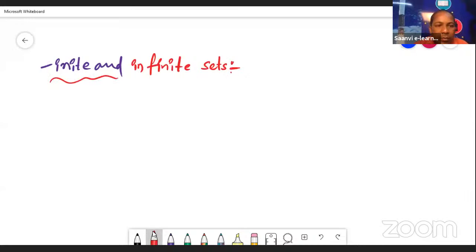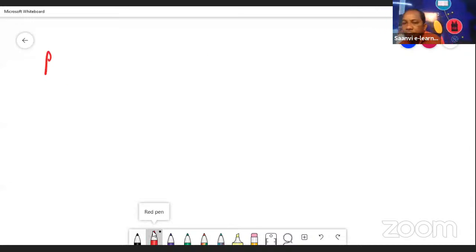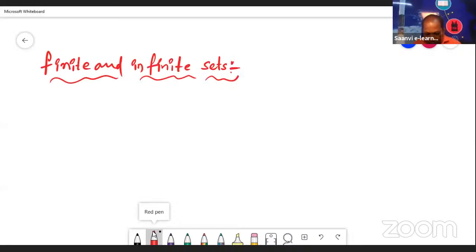See here, finite set, already we have discussed. Finite set means there are only a few elements. If there are a few elements, it is called a finite set. If there are so many elements, it is called an infinite set.